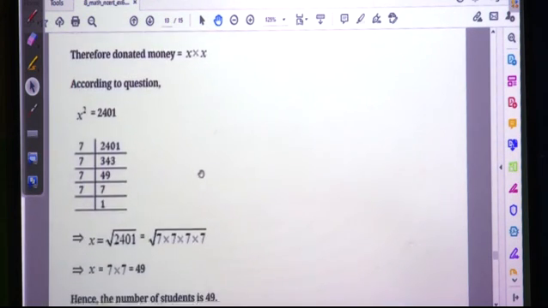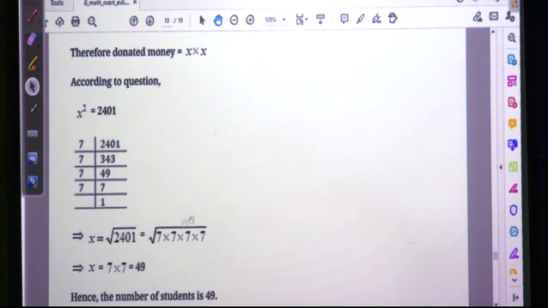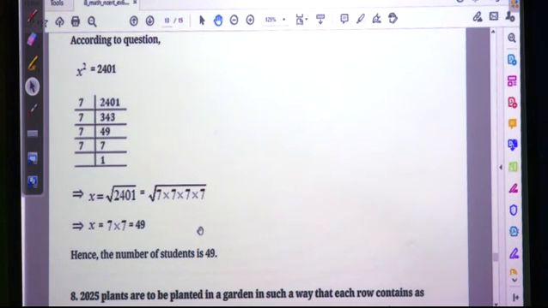You can see here the factors are 2 pairs of 7. Therefore, square root of 2401 is how much? 49. Hence, the number of students is 49.